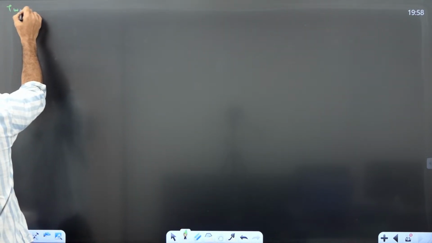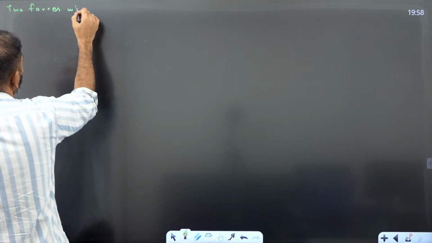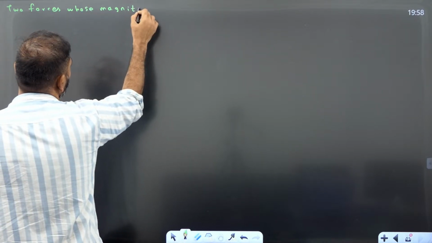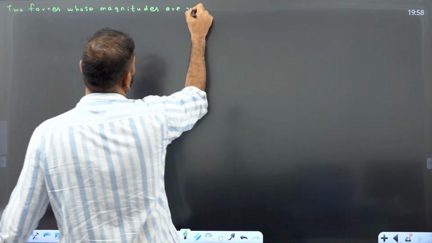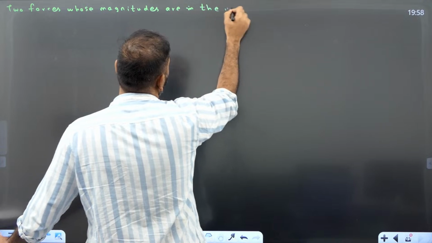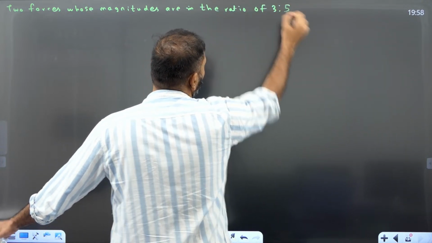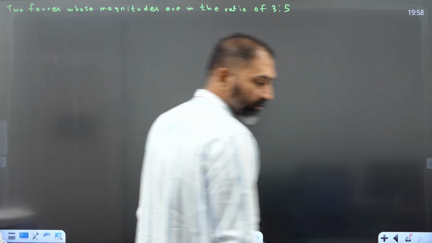Two forces whose magnitudes are in the ratio of 3:5. Is this question done?